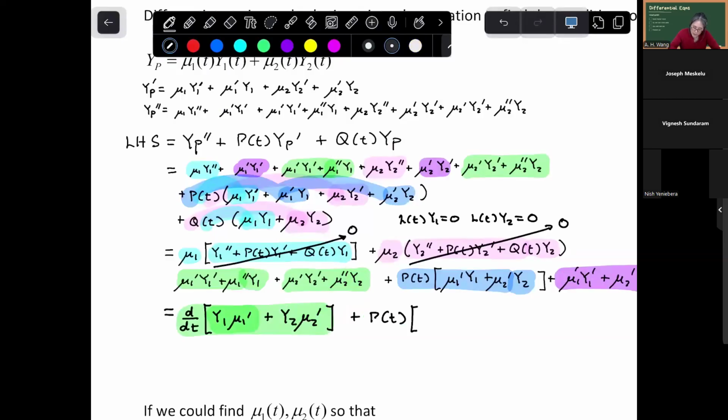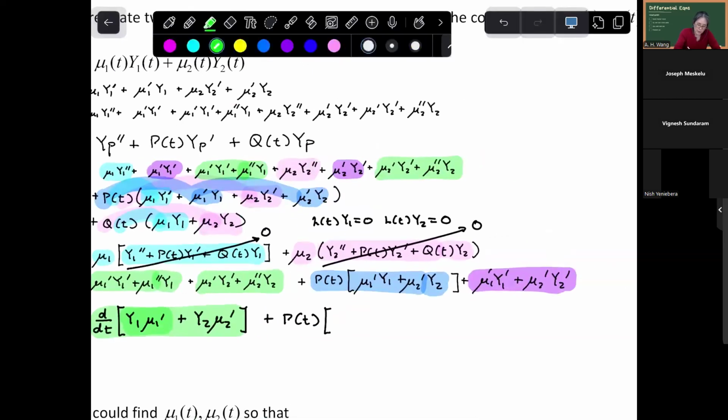Okay. And what I'm going to do now is rewrite this blue part. I'm going to write it this way, writing the y1 first. Just interchange it. Now I'm going to write that purple.